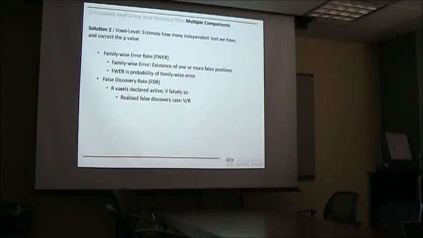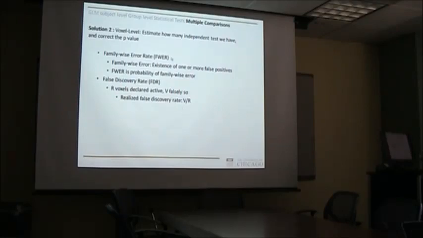Another common correction method is the so-called false discovery rate, which always looks really similar, but it's a little bit different. You say that based on the number of voxels you're going to declare active, you try to estimate how many of those are false positives. And you call that the false discovery rate.